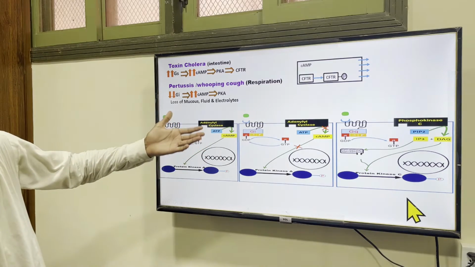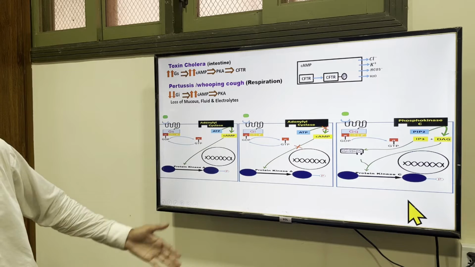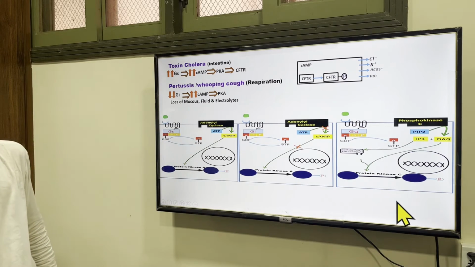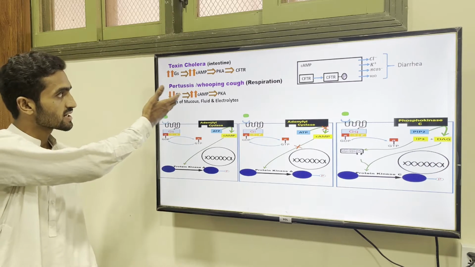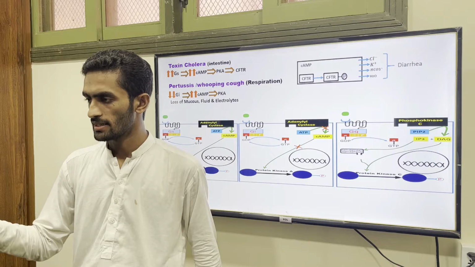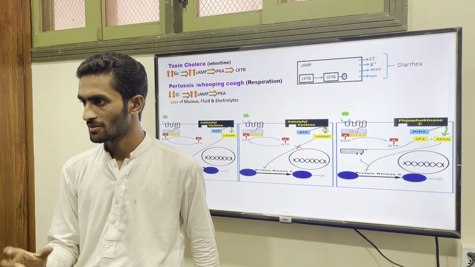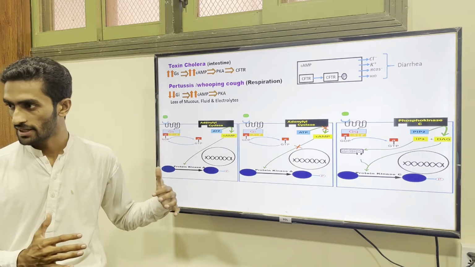Different ions come out of the cell, and when these ions come out of the cell, they lead to diarrhea. Okay. So these toxins, cholera, Pertussis, whooping cough, or black cough, which you commonly hear about in villages, work by this mechanism.